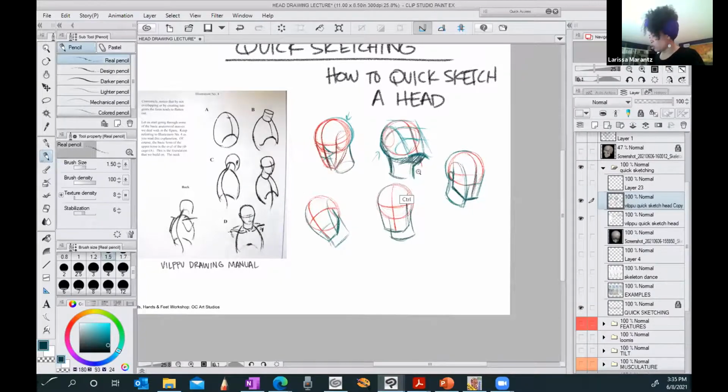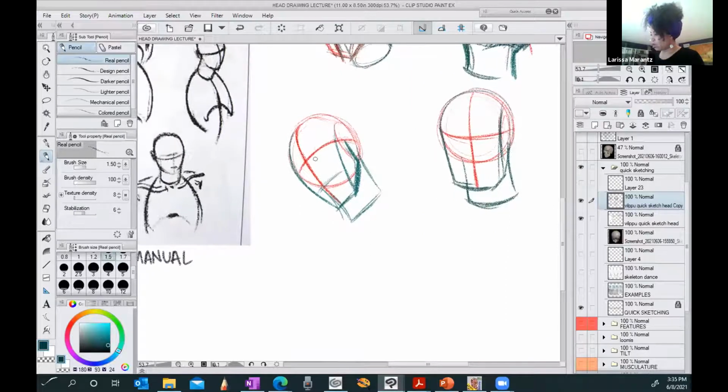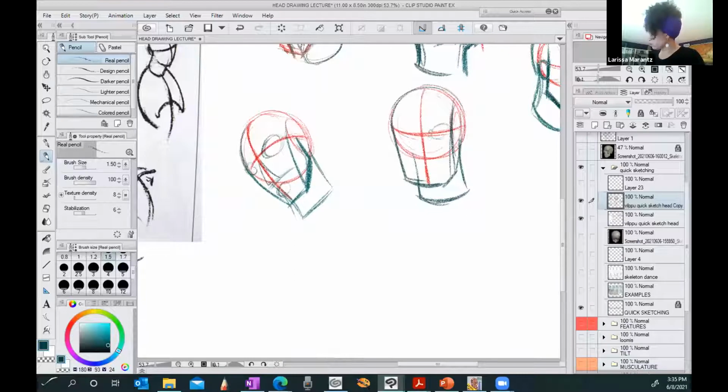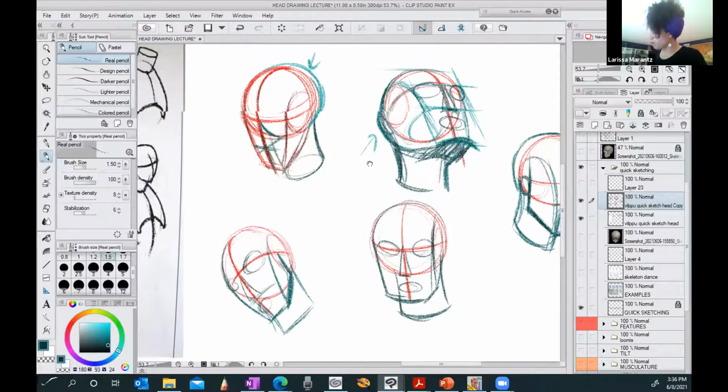But basically, you want to think of the shapes of these features as shapes on the head, and draw the nose shape here and the mouth. Okay, so everything's flat right now. I'm not adding anything dimensionally.